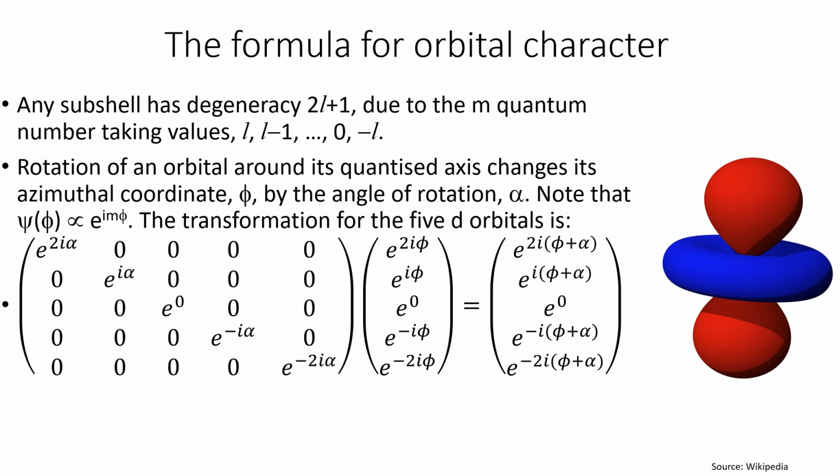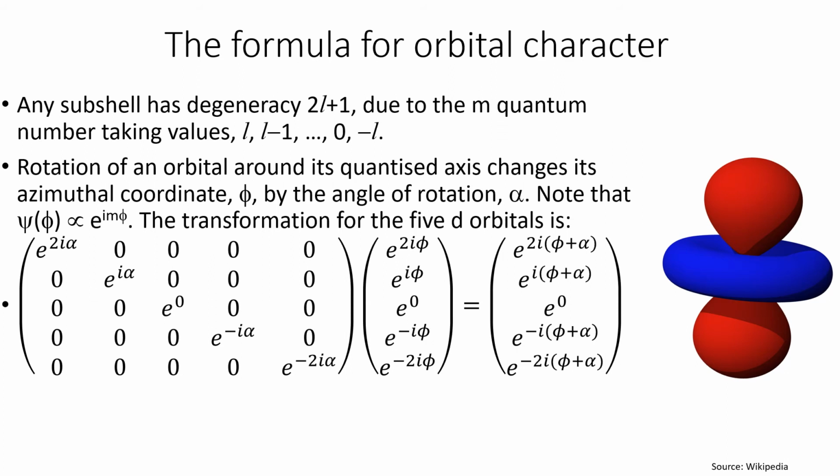For each orbital, we're simply adding alpha to the angle, so we multiply by essentially the same function that we've got in the orbital, except we replace the phi by the alpha. So e to the 2i alpha multiplied by e to the 2i phi is e to the 2i phi plus alpha, and all we've done is add alpha degrees to the phi angle in the first d orbital.